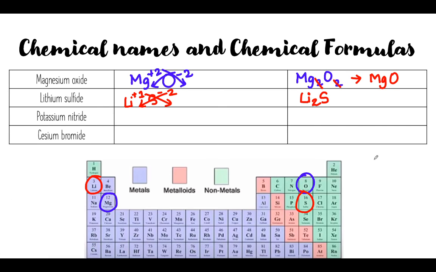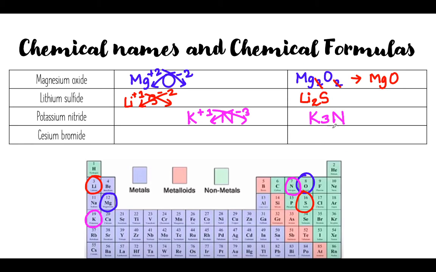Okay, the next one that I'm looking at is potassium nitride. So potassium is right over here, and nitrogen is right over here. Potassium is in group 1, so it has a charge of +1. Nitrogen is in group 15, so it has a charge of -3. So if I switch up those numbers, it's going to be K3N.